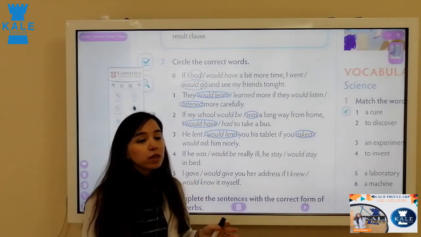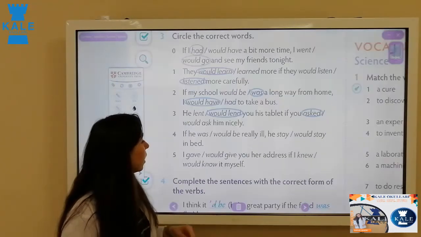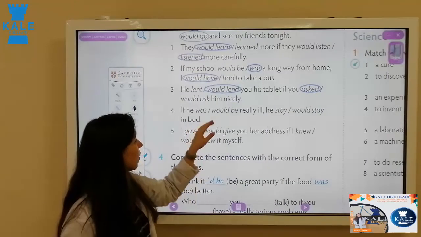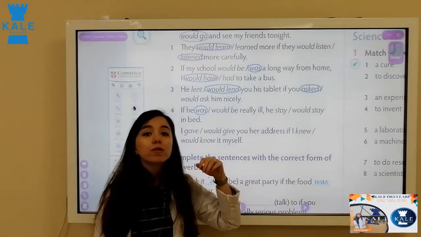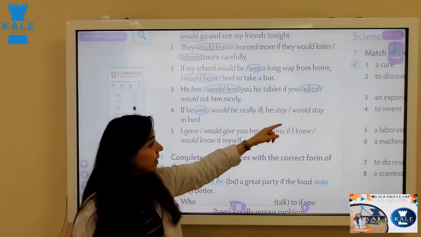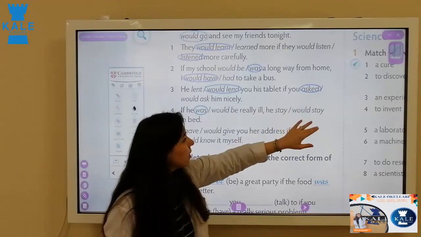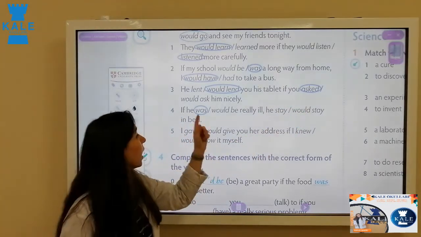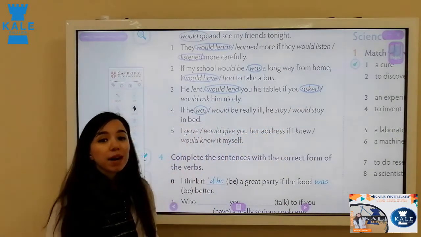But because you didn't do this, now he wouldn't give it to you. And here again, if. If he, obviously was, yes, because after if I said we are going to use past simple. If he was really ill, he would stay. So the answer is would stay. If he was really ill, he would stay in bed.